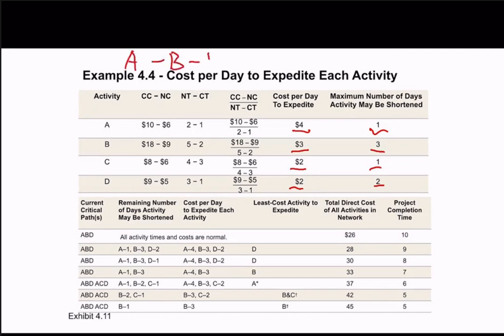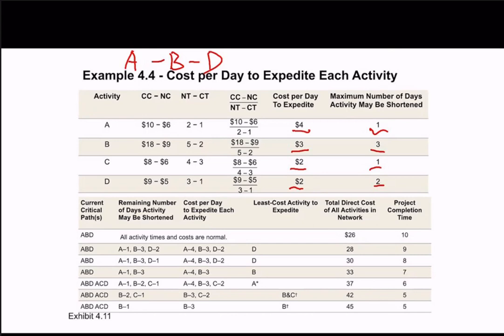So for this example, if we want to reduce 1 day, then the critical path is A to B to D. For A, the cost per unit of the time is $4. For B, the cost per unit of the time is 3. And for D, it is 2. So we need to choose the lowest cost activity in the critical path.